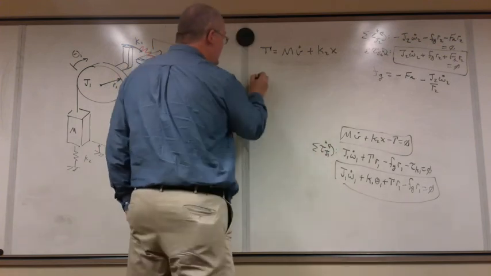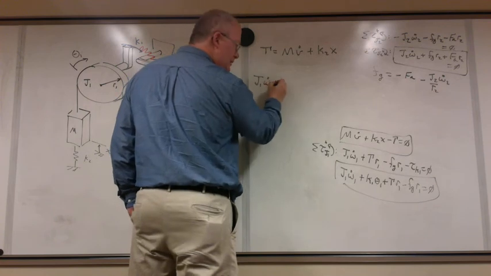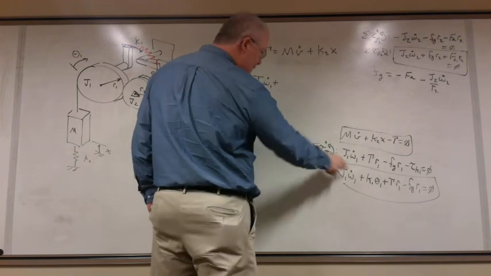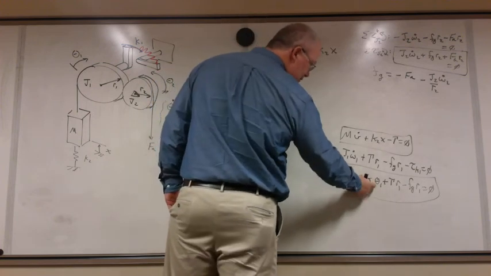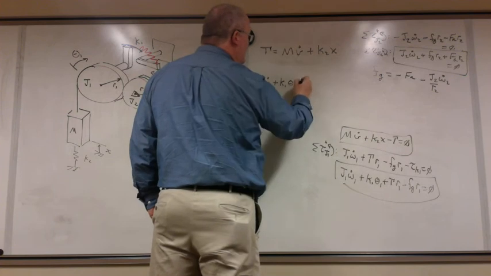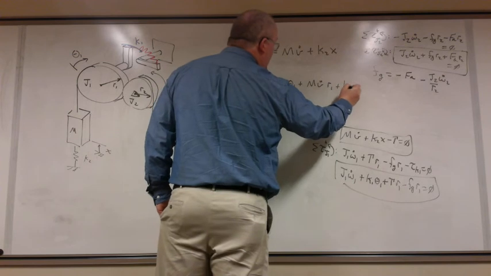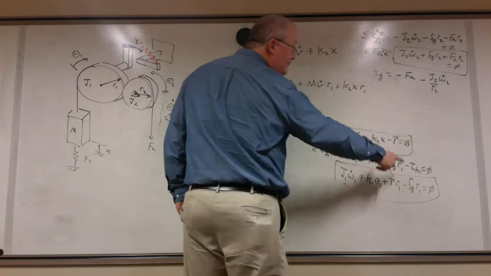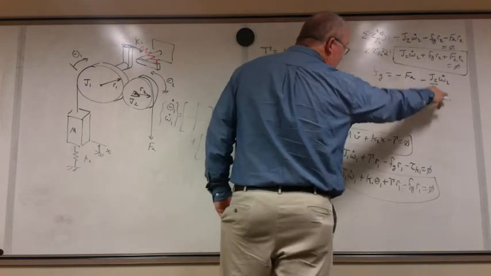We'll have J1 omega 1 dot, plus K1 theta 1, plus T times R1, so plus this expression times R1: m v dot R1, plus K2 x R1, minus Fg R1, so it's minus, a minus Fa and a minus J2 omega 2 dot over R2.